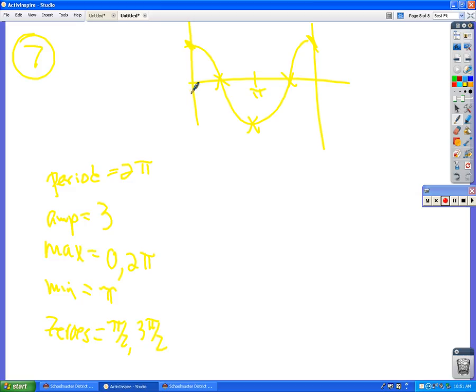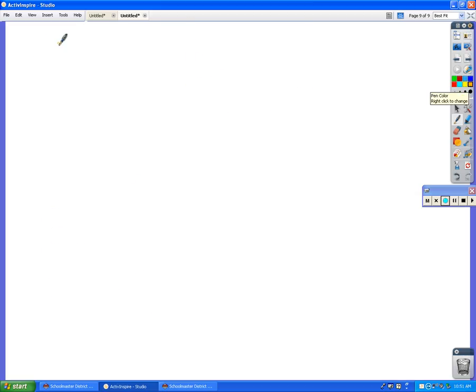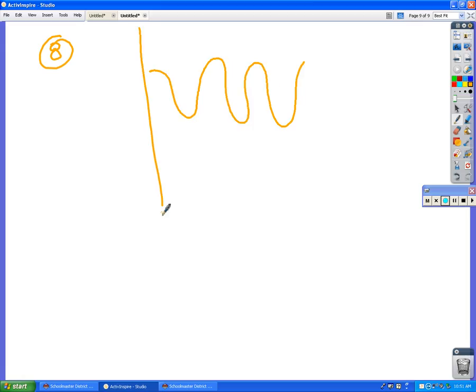Okay, so then if you look at number 8, it's pretty much the same deal. The scale's all the same. This one is packed in a little bit tighter, though. So is this pi over 2? If, again, we just look at the right-hand side, because that's all that matters, this is one cycle of the function, right? So how long did that take?